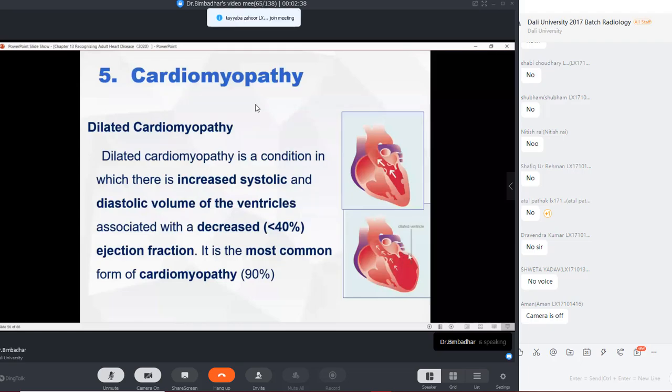Increased systolic and increased diastolic volume, both eventually lead to a decreased ejection fraction. That kind of condition is called cardiomyopathy, which eventually lets the heart size appear big. So we call such a condition dilated cardiomyopathy.